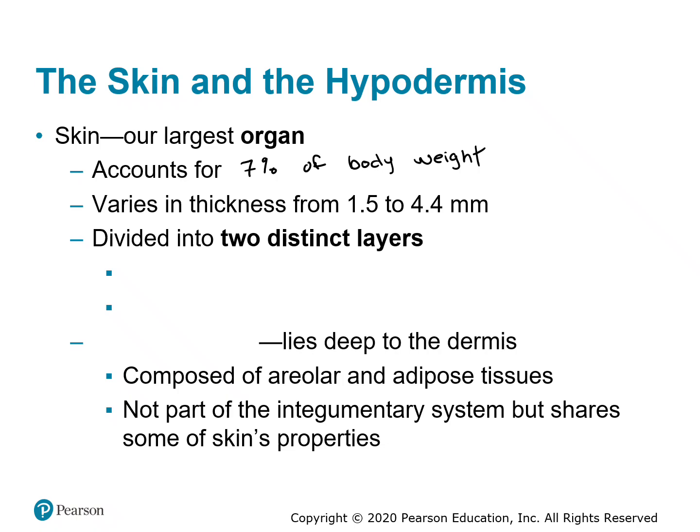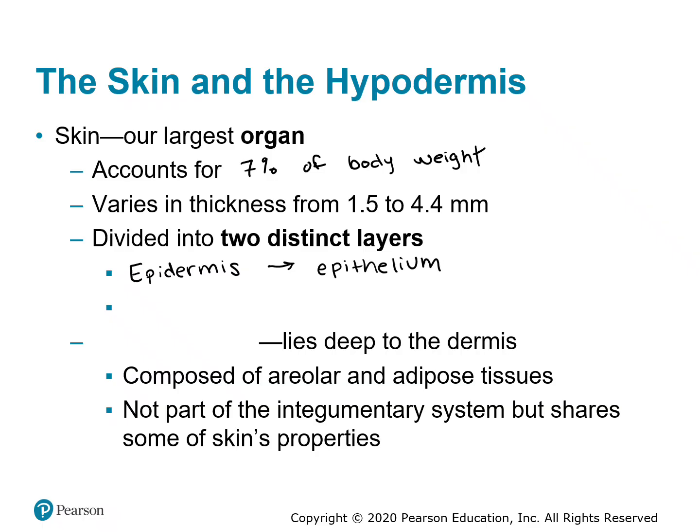Okay? And the skin is divided into two distinct layers. The first is the epidermis. We've talked about that a lot. The epidermis is made out of what type of cell? What type of tissue? And yes, epithelium.